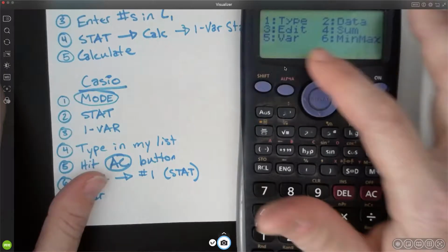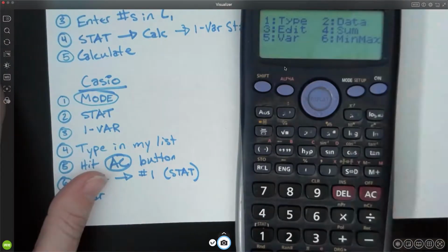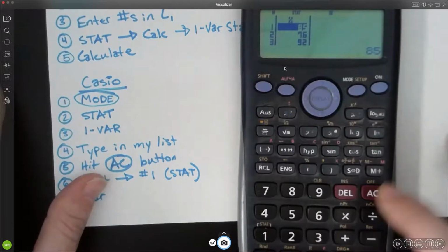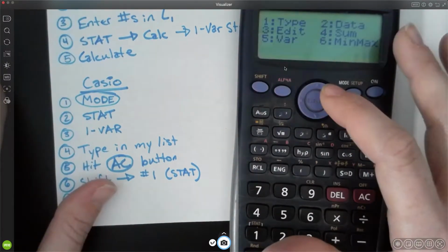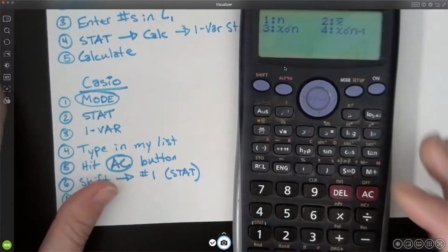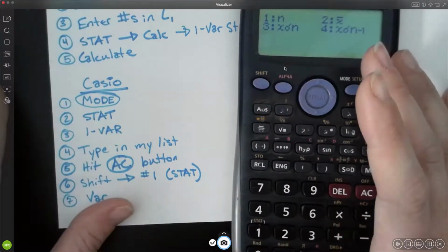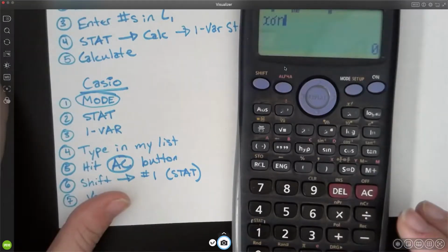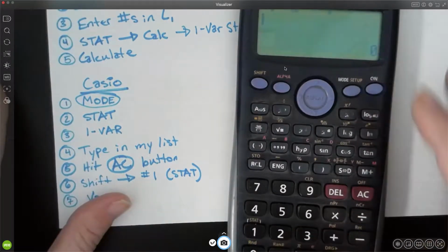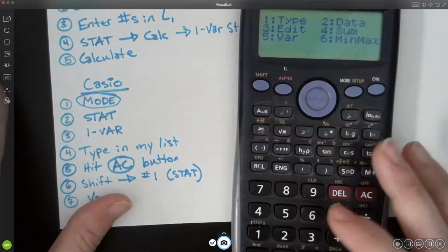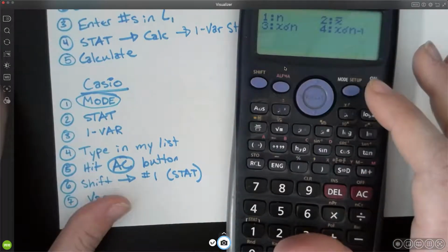Okay, so let's go to data. That's not what I want. Shift, Stat, let's go to number 5 again. Mine's not showing standard deviation. Are you guys showing standard deviation, like the S button?